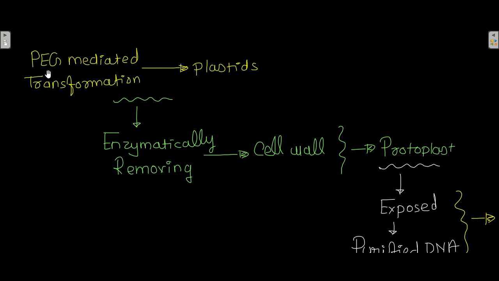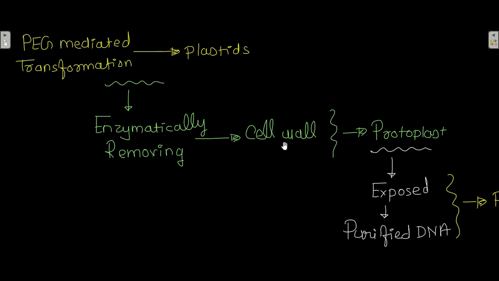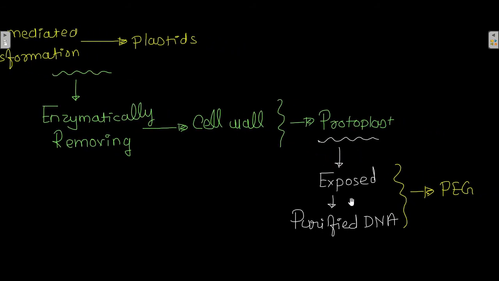PEG mediated transformation of plastids involves enzymatically removing the cell wall to make a protoplast, and then exposing that protoplast to purified DNA in the presence of PEG, and that is how the DNA is transferred into the chloroplast of the protoplast.